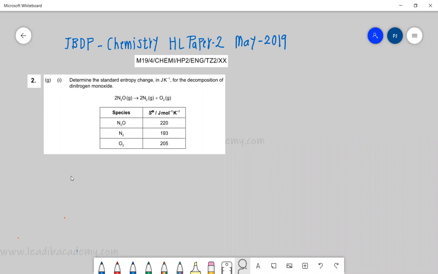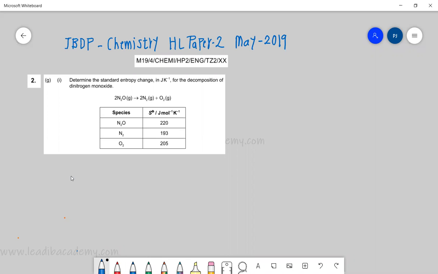Next question, 2G1. Determine the standard entropy change in joules per Kelvin for the decomposition of dinitrogen monoxide. We have been given the standard entropy corresponding to these compounds. Very simple concept.